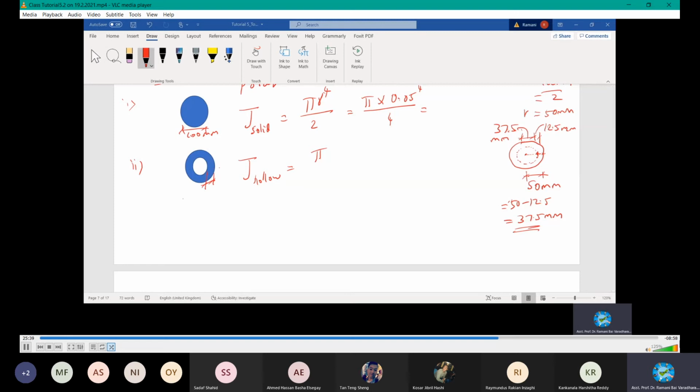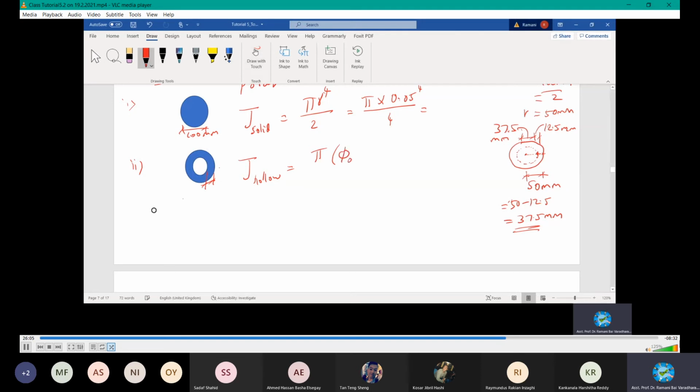Pi r power 4. My r is like this. We need to find the polar moment of inertia. The main r is 0.05 minus the inner one. Or if you want, I can write the formula first. This will be the capital diameter, the outer diameter.